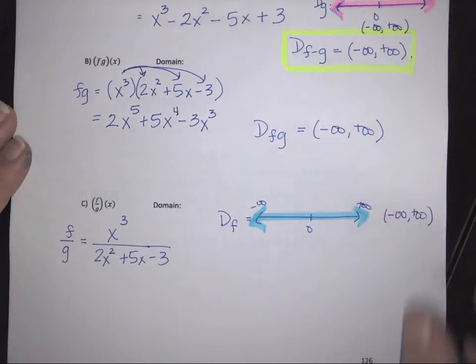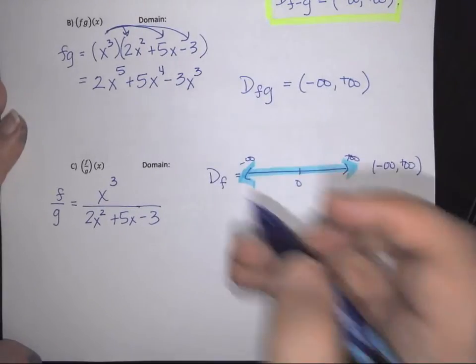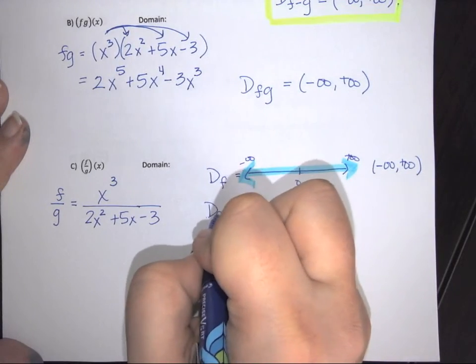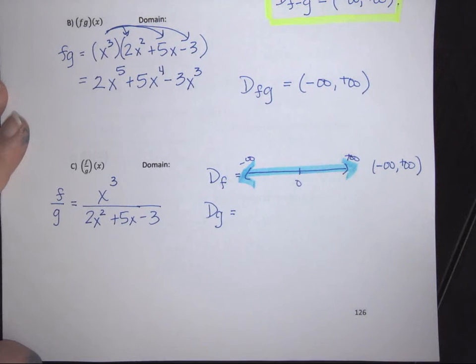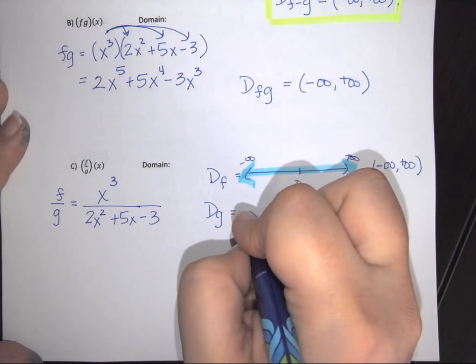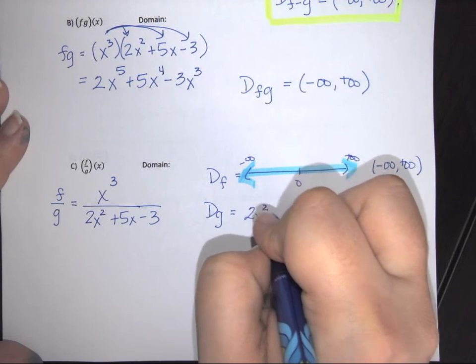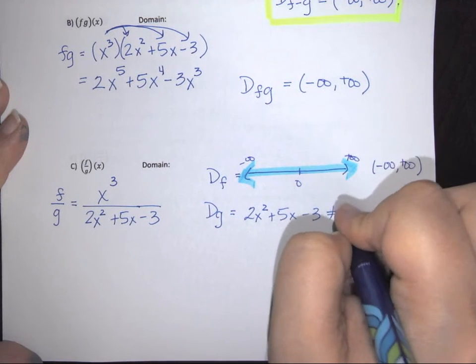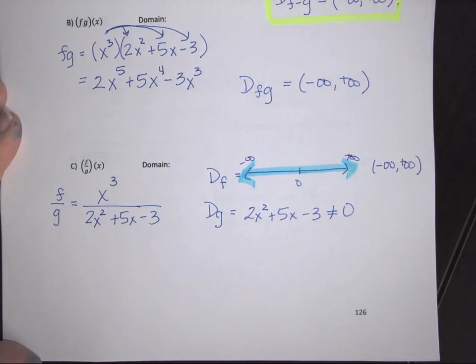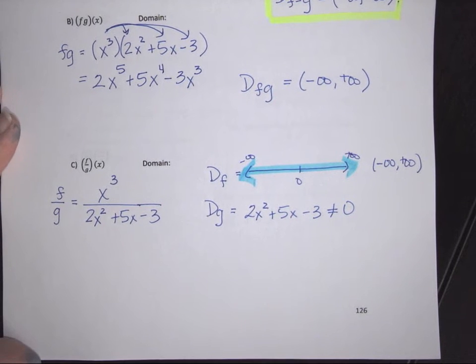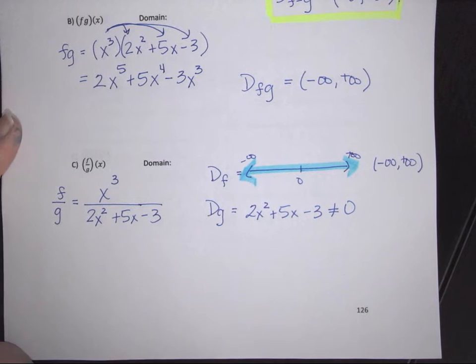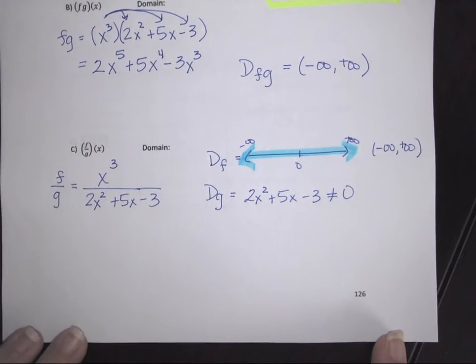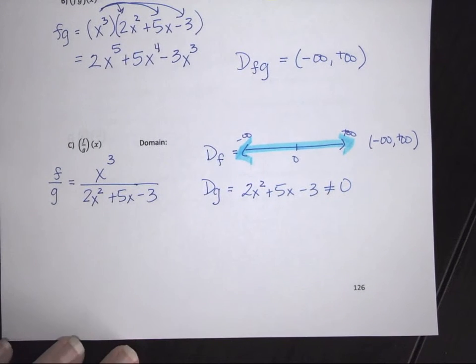Where things have become different is the fact that my domain for g now is where 2x squared plus 5x minus 3 cannot be 0. So notice in this instance, I now have to solve for x. Well, this is a quadratic, so there are many different ways to solve.